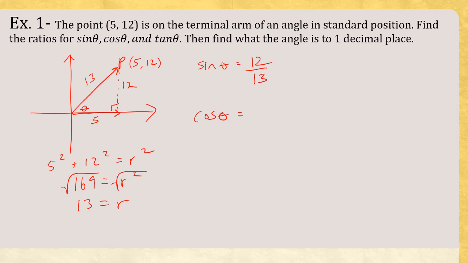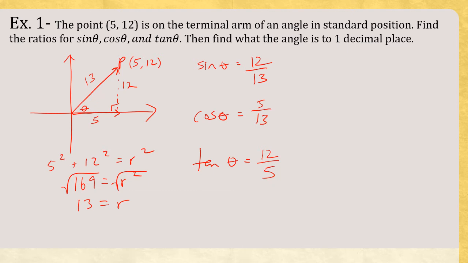Cos theta: adjacent over hypotenuse, or x over r, 5 over 13. And tan theta, opposite over adjacent, y over x, 12 over 5. So far, not too bad.